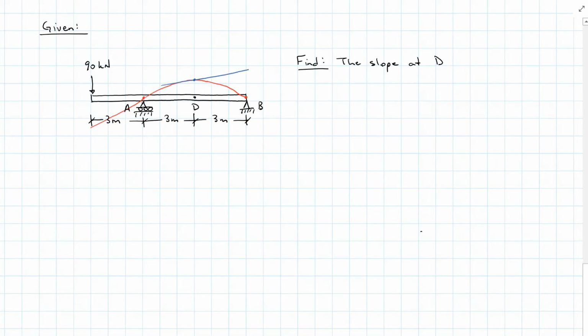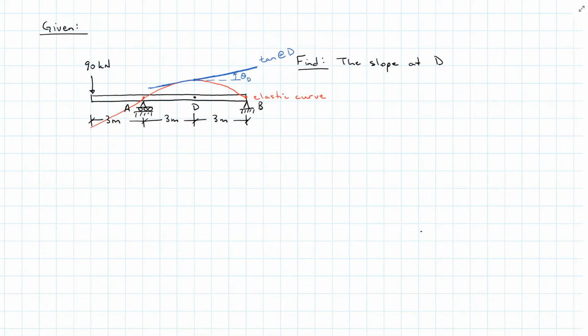So if I were to draw a reference line here, that would be theta D. Theorem 1 tells me that I can find the angle between two tangent lines. This entire system is just made up of a whole bunch of slopes.